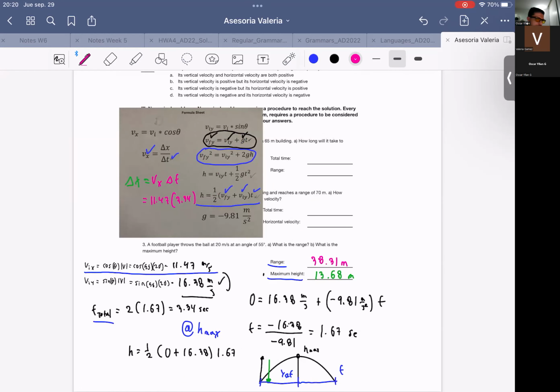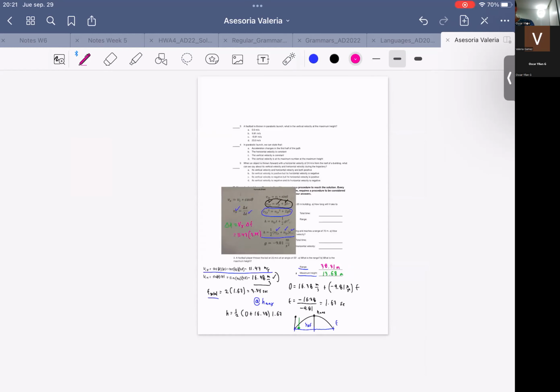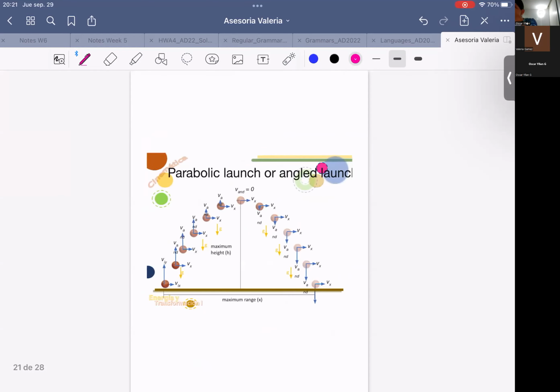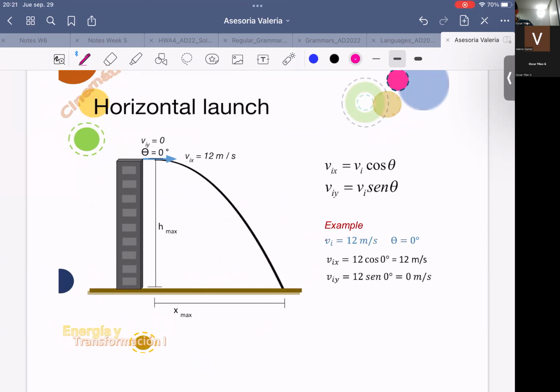Perfect. Then, I have a question. In the first problem, why didn't we multiply the time times 2? Okay, let me see in the figure. Here, this is perfect. If you see, this is half of the parabola. So we ignore this part because that part never happened.